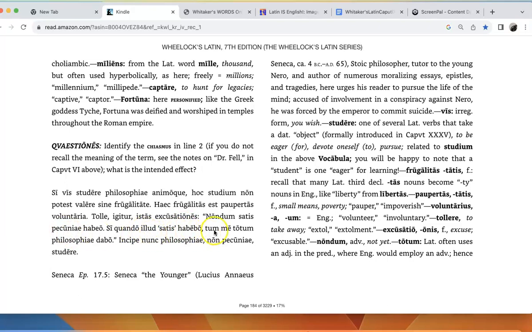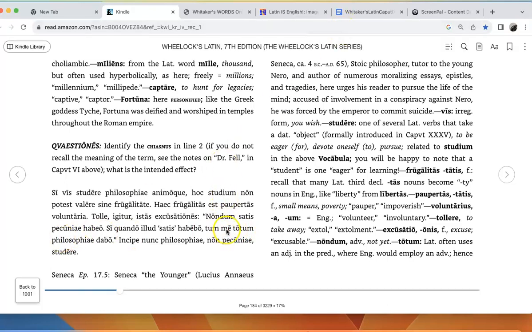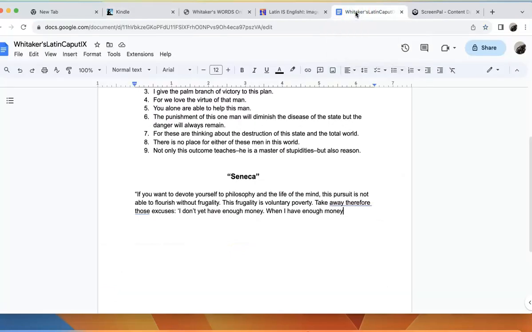to money. Then I will give myself totally to philosophy, or I will give all of myself, me totum. Then I will give myself to philosophy.